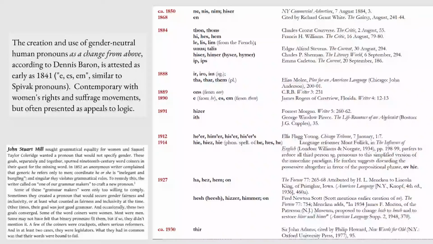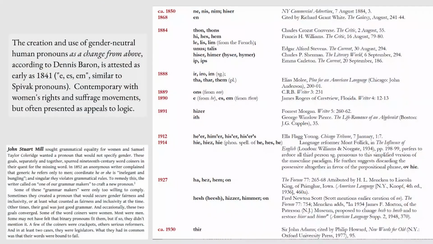The creation and use of gender-neutral human pronouns. That is, a pronoun to refer to a human being that is gender-neutral, but, as Julian Talamantez Brolaski would remind us, that is also animate. We've always had a gender-neutral singular pronoun in it. But here is the search for a gender-neutral human singular pronoun.